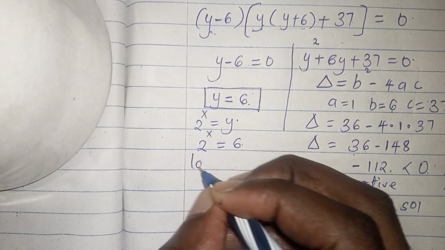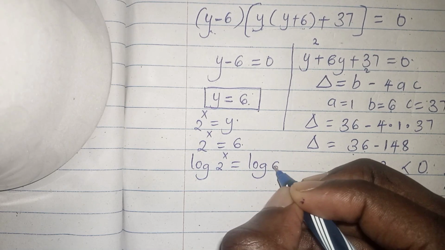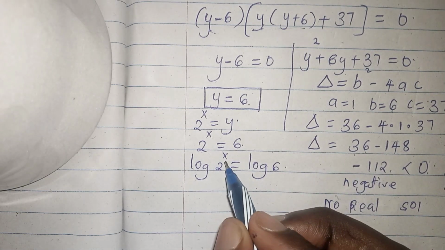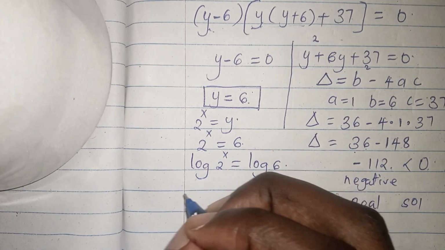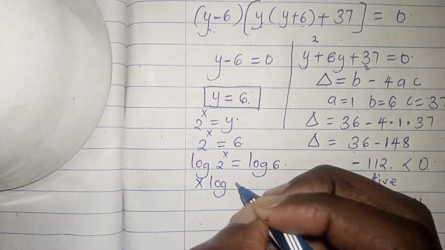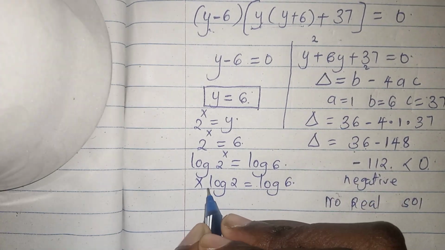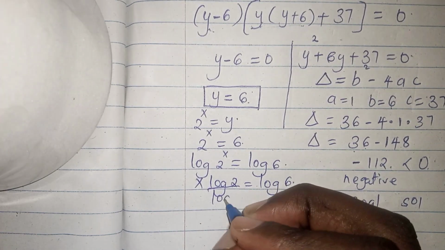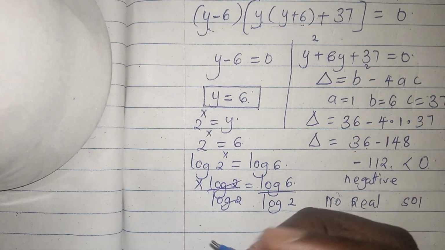So then this is log 2 to the power of x is equal to log 6. We shall now use the power rule, whereby we are bringing this power here before the log. So this is x log 2 is equal to log 6. To remain with x, we shall divide both sides by log 2. So this and this will cancel.